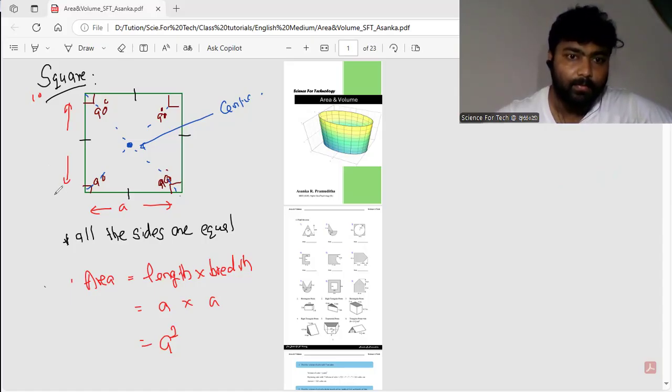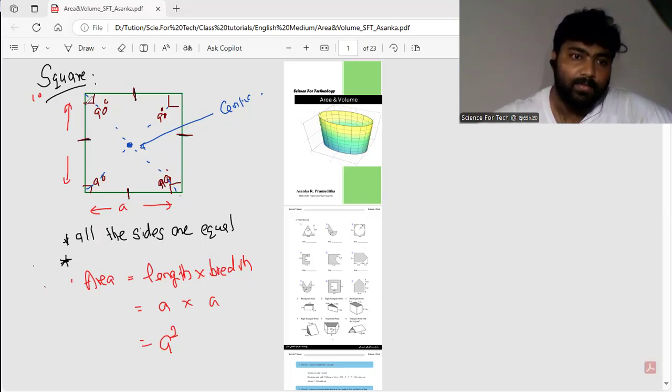Then let's write the properties. The first one is all the sides are equal. Then you can put the equal mark. All the sides are equal. And the second one is all the interior angles.